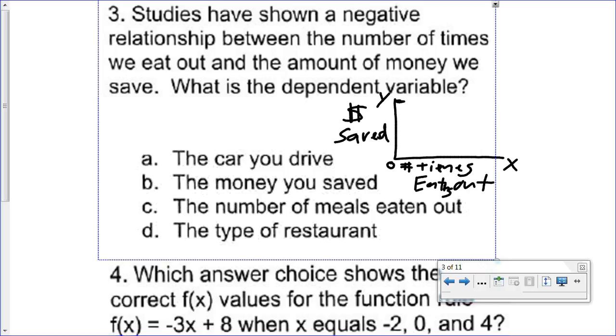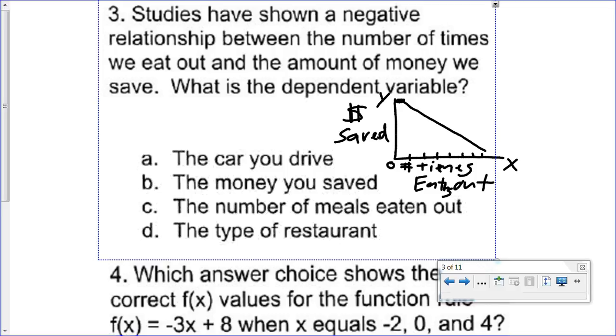Who knows what it is? It could be anything. But it's a certain amount by eating out 0 times. Well, each time you eat out, 1, 2, 3, 4, 5, you're spending money, and when you spend money, you are by definition not saving it. So the amount that you save is going down as you eat out more and more times.